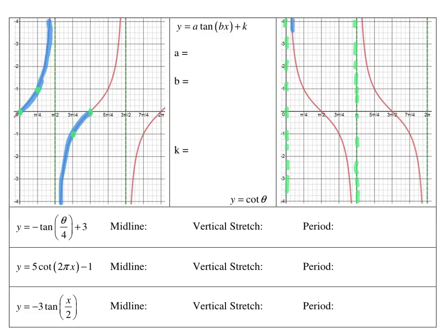And cotangent goes down like that. Cotangent always hits the midline smack in between the two asymptotes. And halfway between these is your A value. And halfway between here is your A value again, just below.